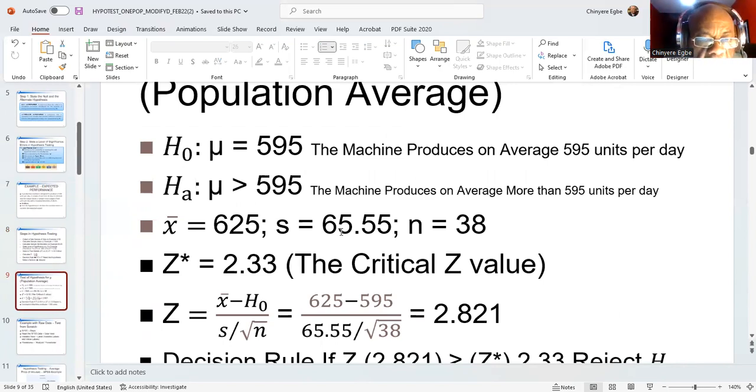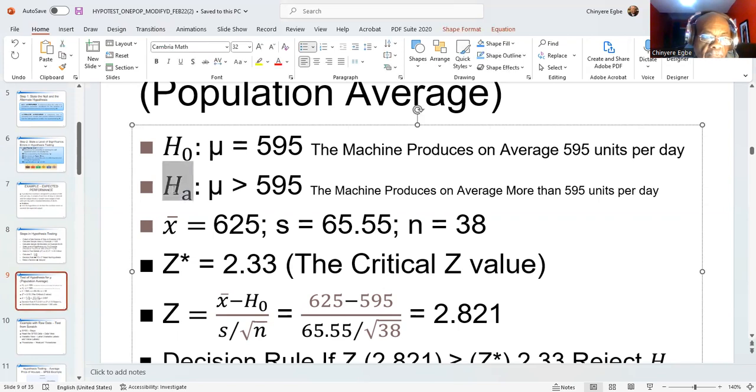Your null hypothesis is that the average should be 595. And this is a one-sided hypothesis, and so your alternate hypothesis, HA, or sometimes people use H1. It could be H1, it could be HA.